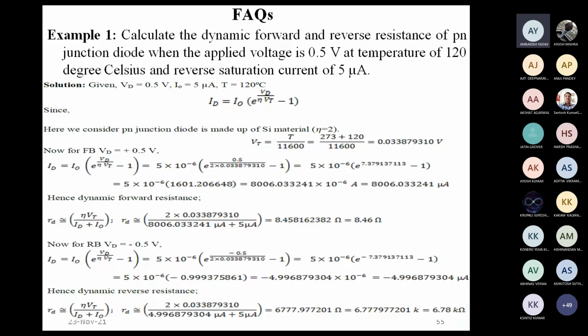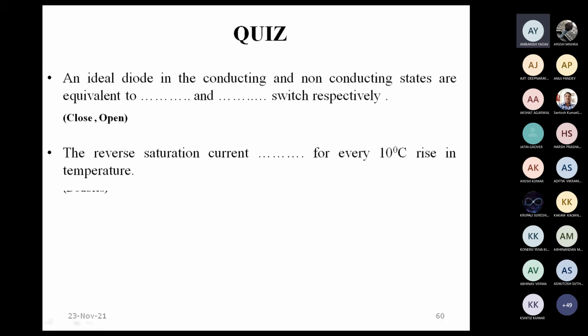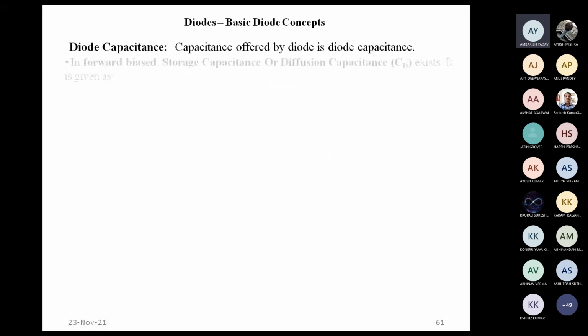There are a few solved questions here, but we will not do them here. You can find a number of examples in your book. First, you can try to do those questions, and later on you can target some unsolved problems and then solve them.